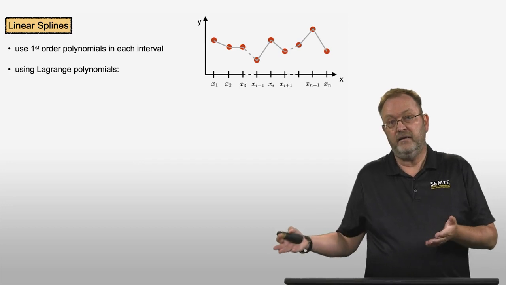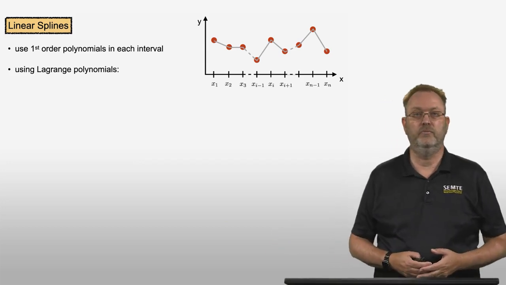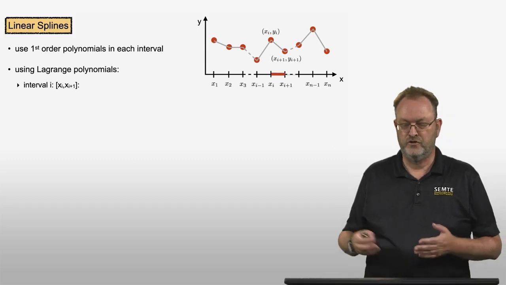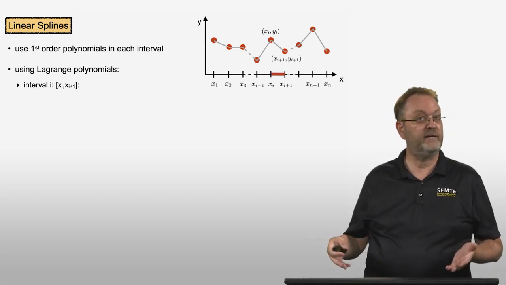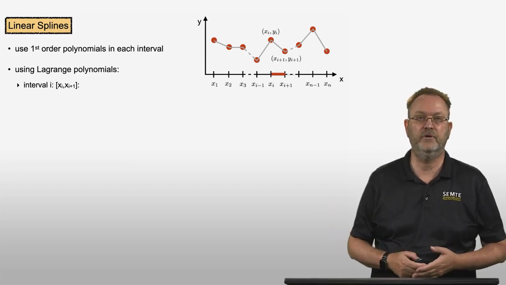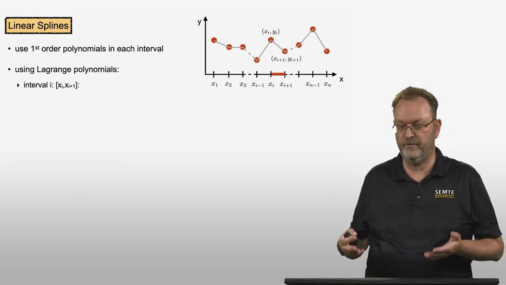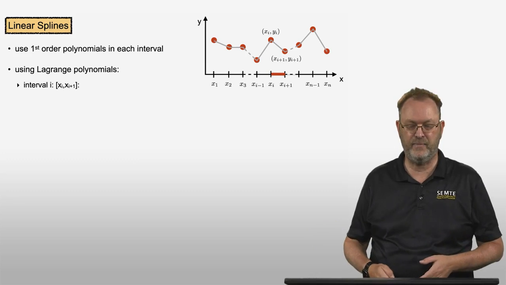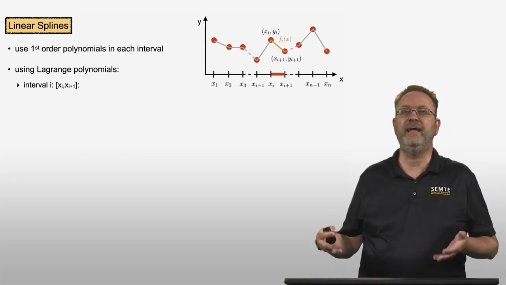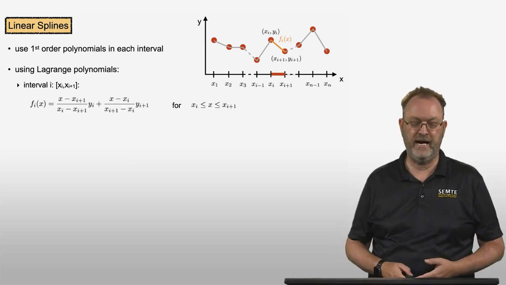Now let me write this interpolation polynomial, and I'm going to just use Lagrange polynomials. So for the interval from xi to xi+1, that linear polynomial is supposed to go through the data points (xi, yi) and (xi+1, yi+1). I'm going to call this the ith function, f sub i.